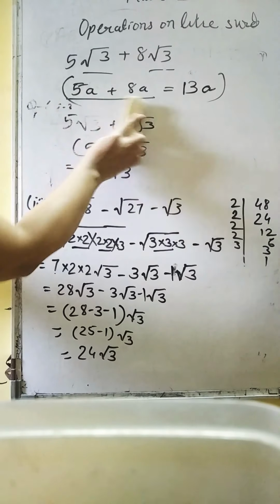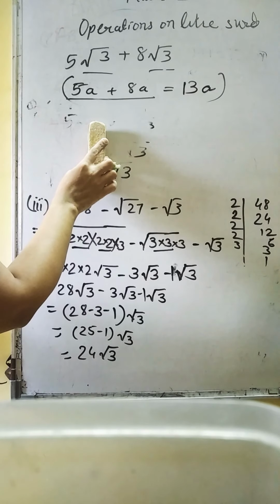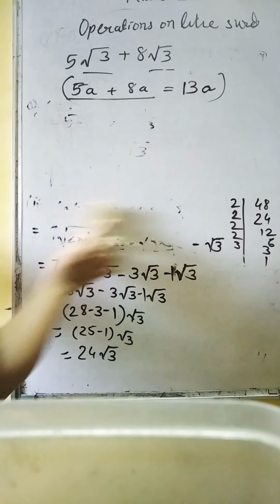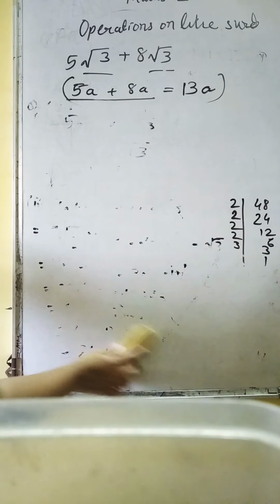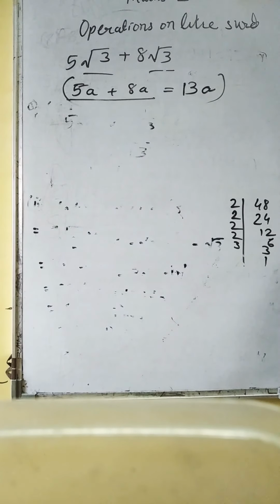We'll do some simplification. Children, first question completed. Second question, third question is pending. Question number 3, classify. First and second is over na.